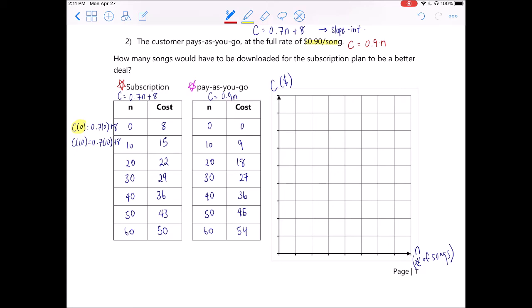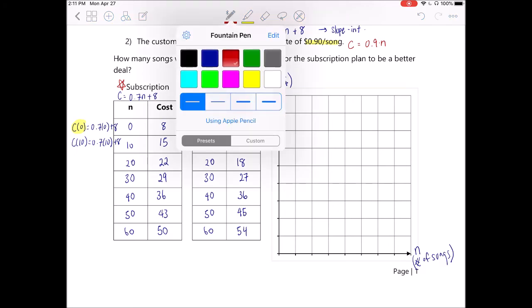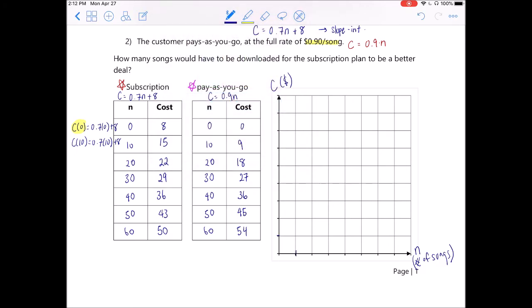Let's set our increments. I'll set n to go up by 10, because that's how we set up the table: starting at 0, then 10, 20, 30, 40, 50, 60. I'll do the same for cost, going up by 10, up to 60 for now.